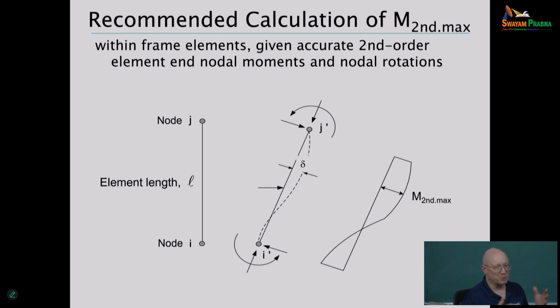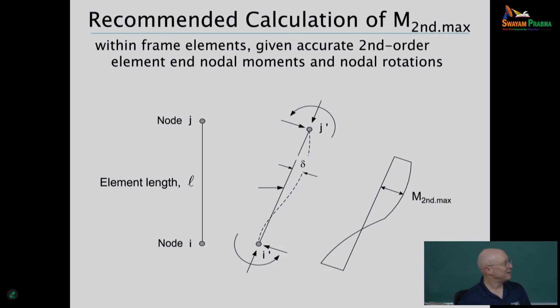You may be using some number of elements to model a particular member, but you're looking at the element level. You've got the nodes at the ends of the element for this frame member. The length of the element, I'm going to use script L to denote wherever we're talking about an element length. So we've run our geometric nonlinear or second order analysis.